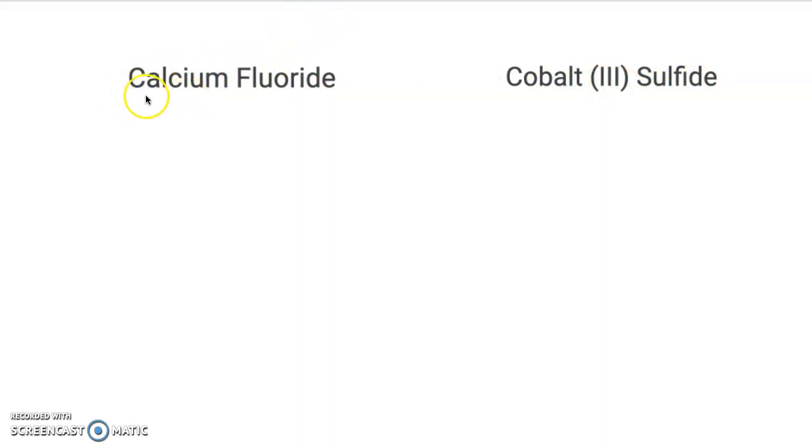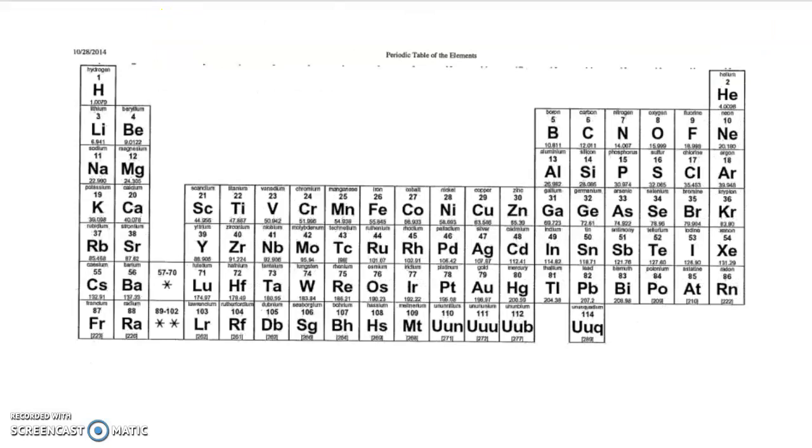Now we have to be able to determine the charges of these ions to write out the chemical formulas. There are a couple of different ways. We can use our periodic table. In the first column, the alkali metals, they're all going to be positive 1.